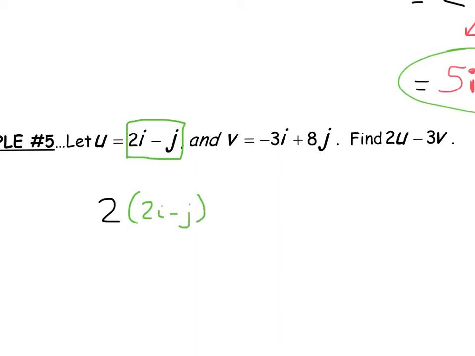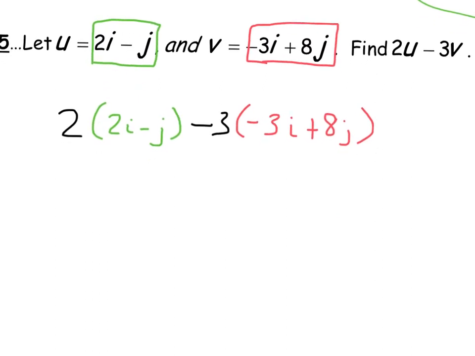And I'm going to subtract 3 of these. Now, this is effectively the distributive property. You send it out and combine your like terms. So I get 4i minus 2j plus 3i minus 24j.